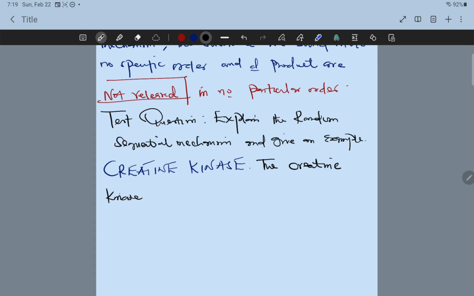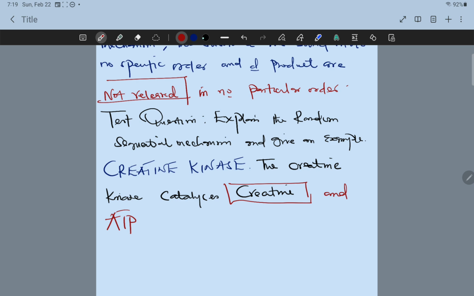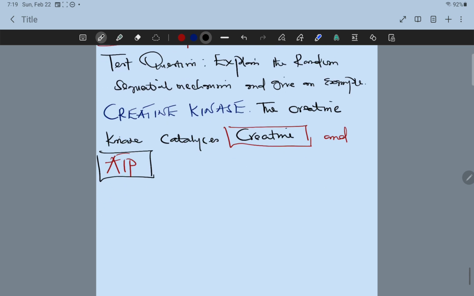So we found out that the creatine kinase catalyzes creatine and ATP. These are the two substrates.